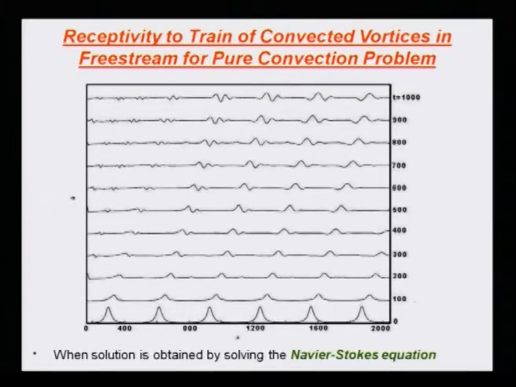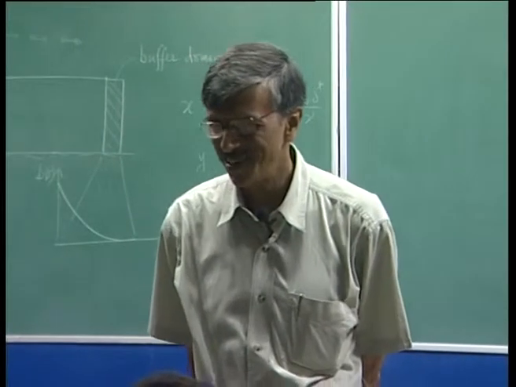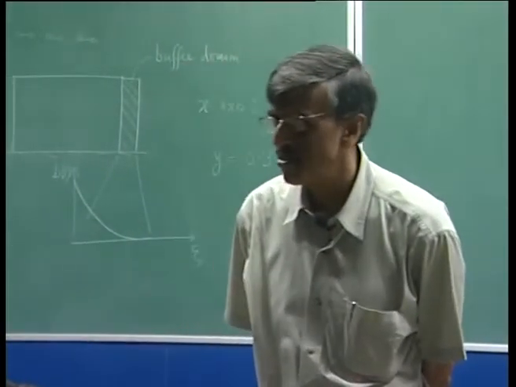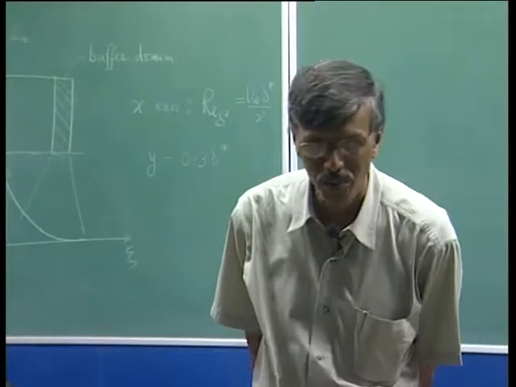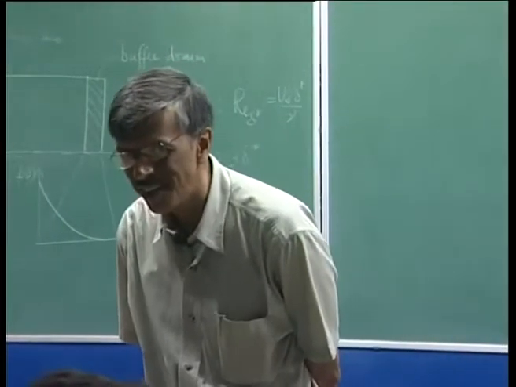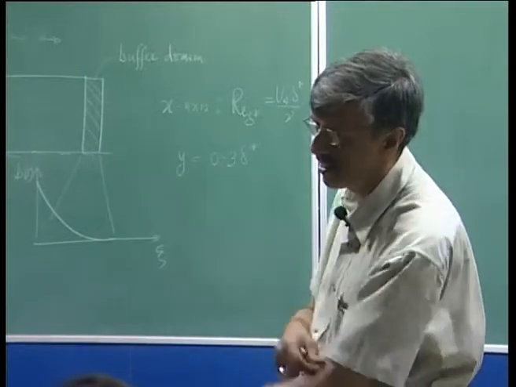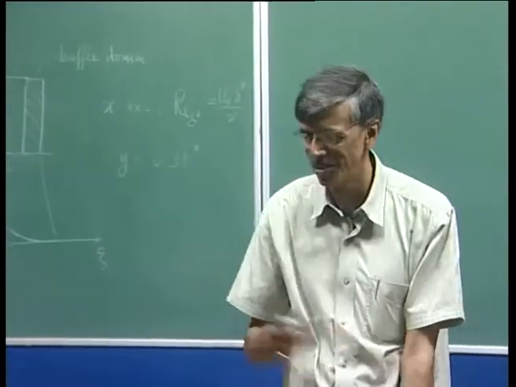More than 45 degrees. So what is happening? The disturbances are actually going upstream. You have to understand this upstream and downstream business. There is no absolute reference. You have to talk with respect to the input. The input is going faster. The output is going in the upstream direction with respect to that.